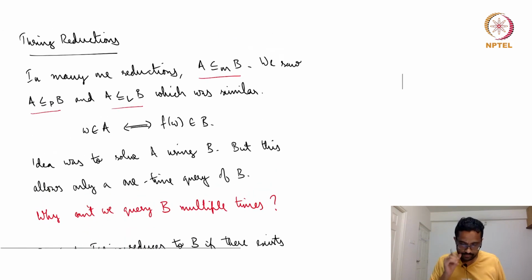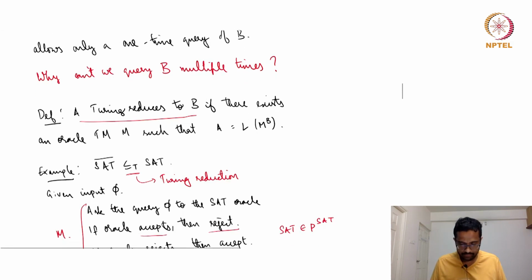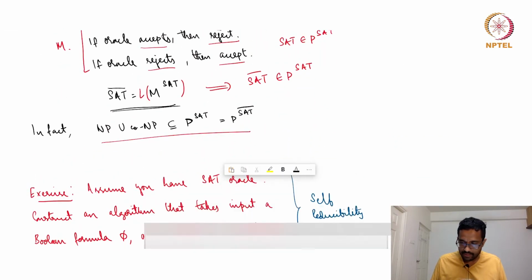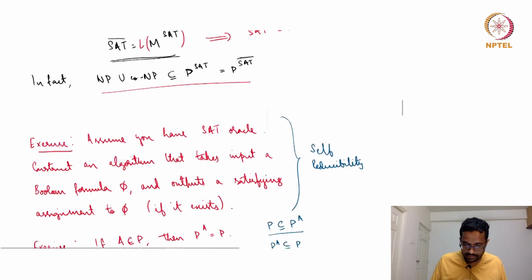So A is Turing reducible to B if there is an oracle Turing machine M such that A is the language of M with access to oracle B. And finally, some simple inferences for these complexity classes, and the exercises.